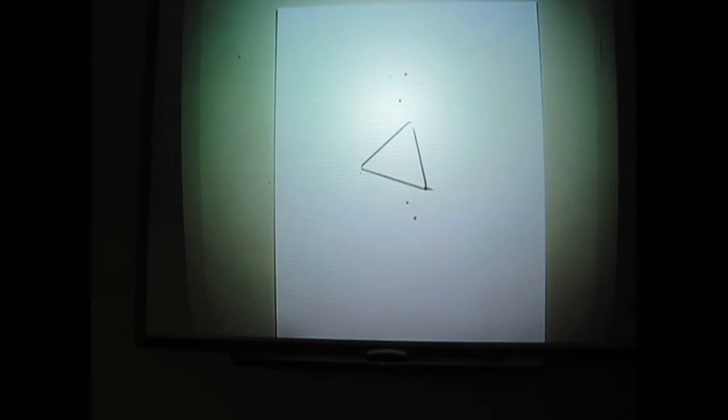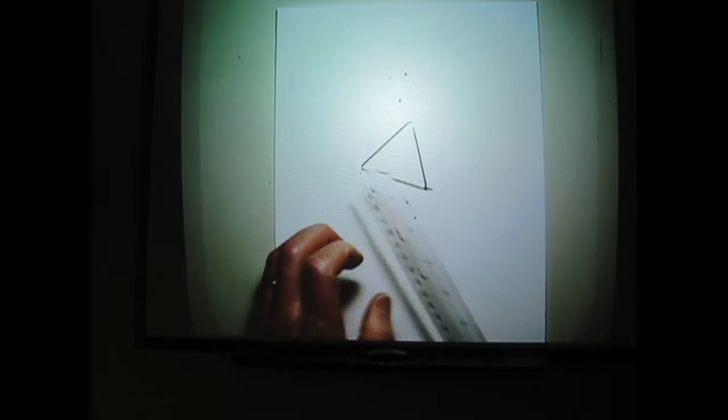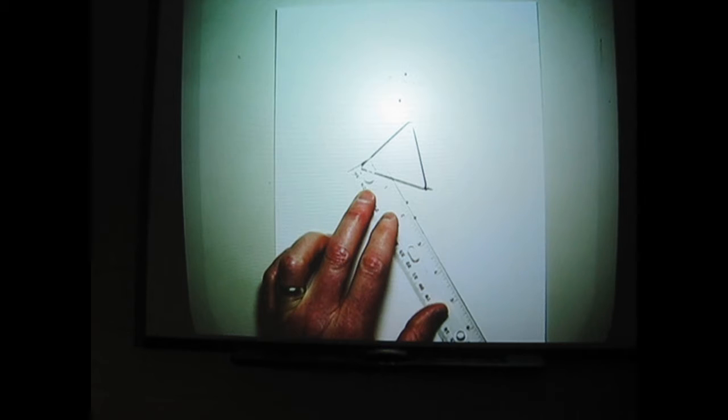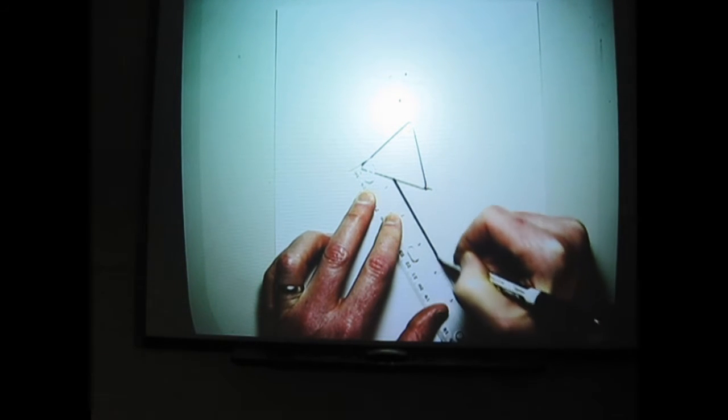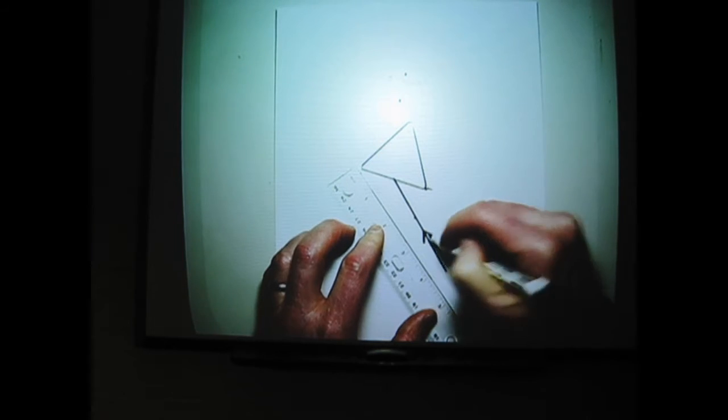Okay, so here's the incoming ray. So this is the laser beam that was coming in. So it was going in this direction.